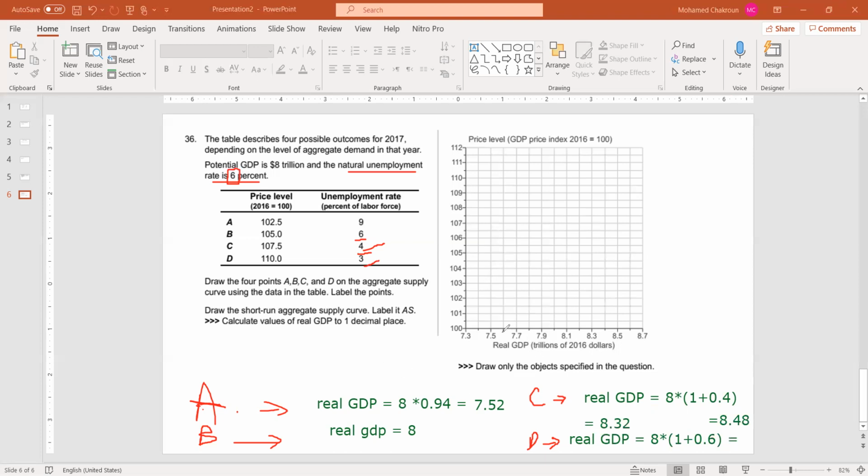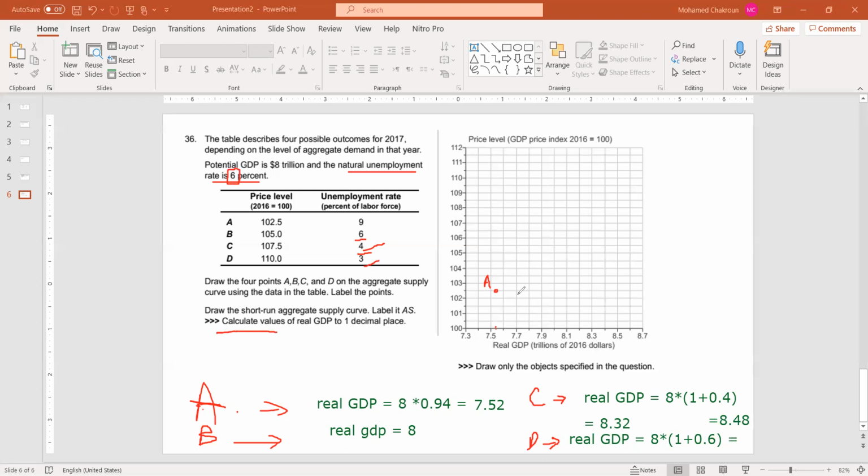So 7.752 should be here, something here, and 102.5. So this is point A. But remember, it's very important information.